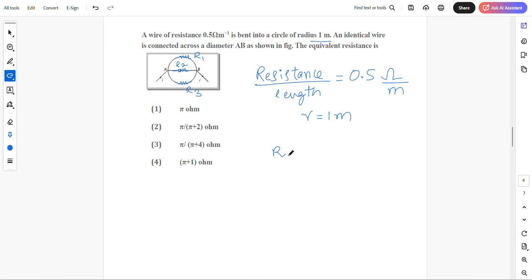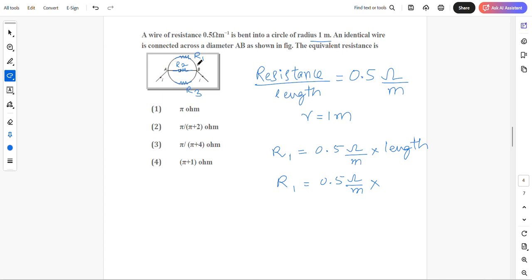R1 is equal to, what is the value? That is 0.5 ohm per meter into length, because this length we have to multiply to get R1. What is the length of this upper semicircle?